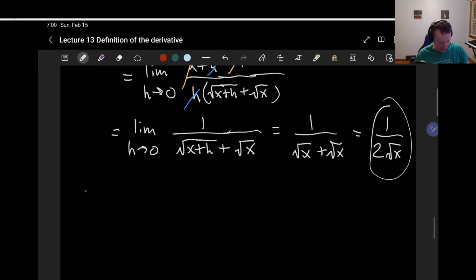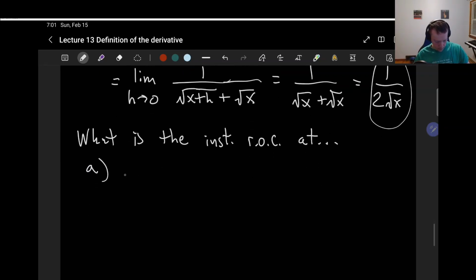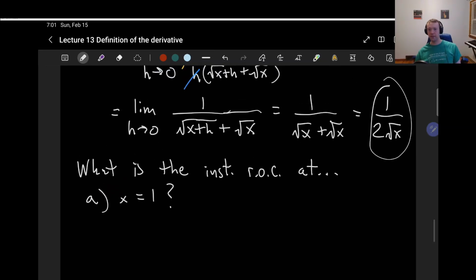So let's practice that. A few parts here. When x is 1, the power of the derivative means that I don't have to do the limit again. I have a formula now.